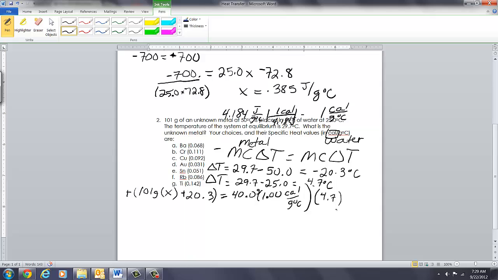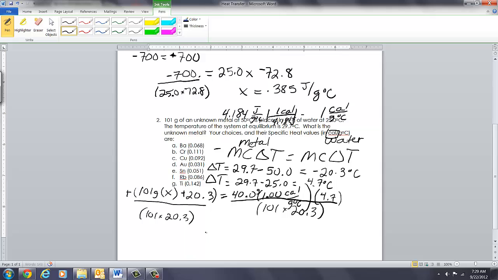Now I can do my math all at once. Remember, this isn't a plus sign; it was a negative that made a positive. These are all multiplying. To get x by itself, I need to divide by this quantity, the 101 times the 20.3, divided by your 101 times the 20.3.